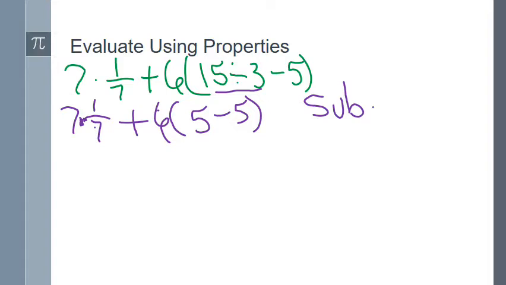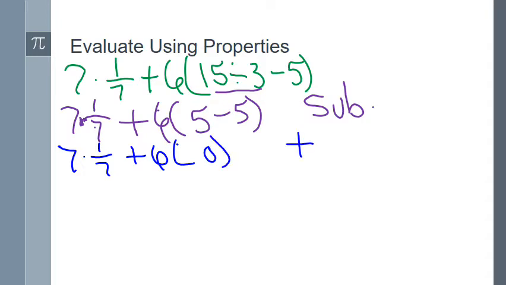I still have 7 times 1 over 7 plus 6. It's still sitting out here. We're going to evaluate inside the parentheses, and this 5 minus 5, of course, is 0. And hey, how about it?